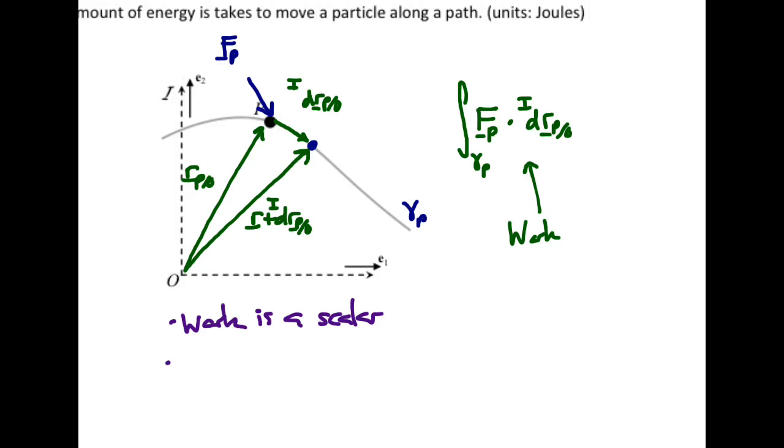The second thing is that when we dot these together, and we have our force dotted with our change in position, that tells us that work is only done by forces that are in line with the motion. So work is done by forces in line with the motion.